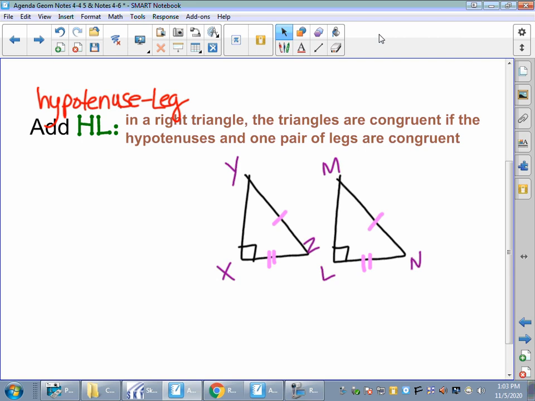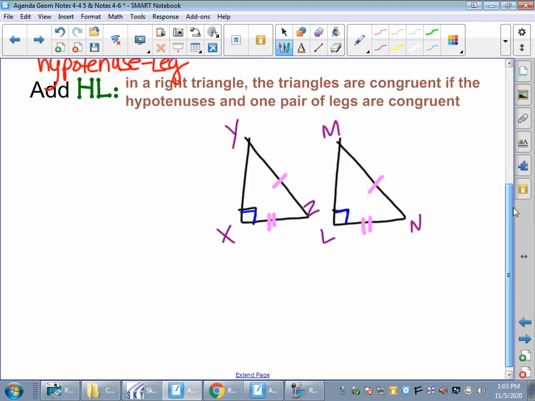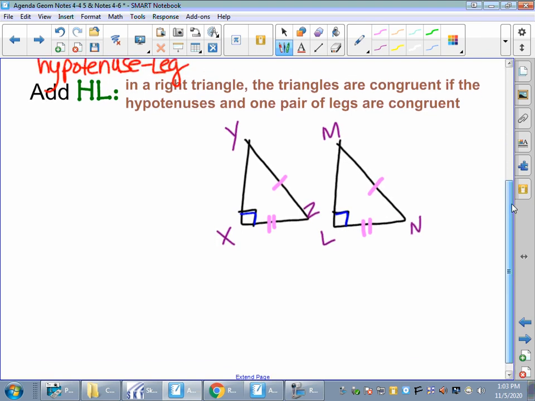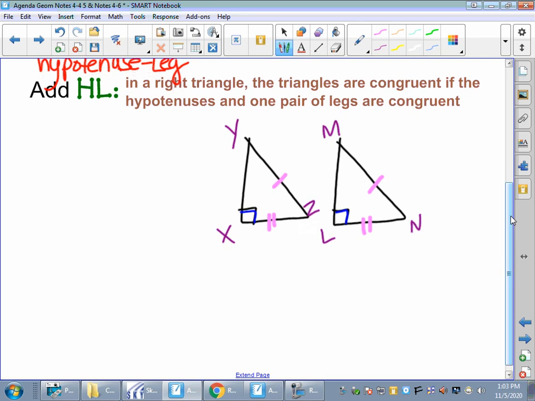If you look at this, and I think I said before, we don't do angle side side. If you're seeing what those other theorems look like, this does look like angle side side, but we don't do angle side side, remember? We do HL because technically the angles are the right angles, and then we've got a pair of sides and a pair of sides, and one of those pairs of sides is the hypotenuses.